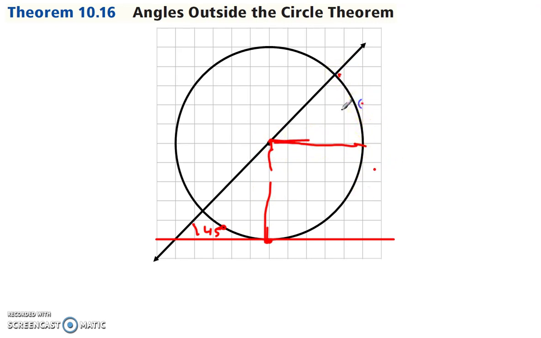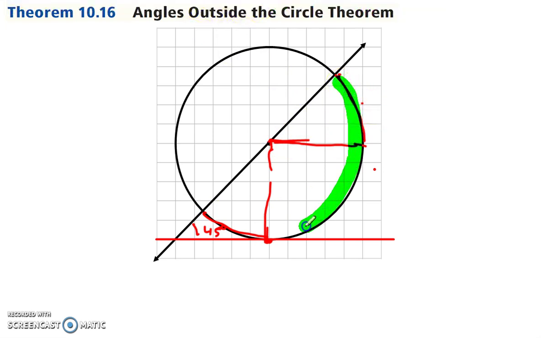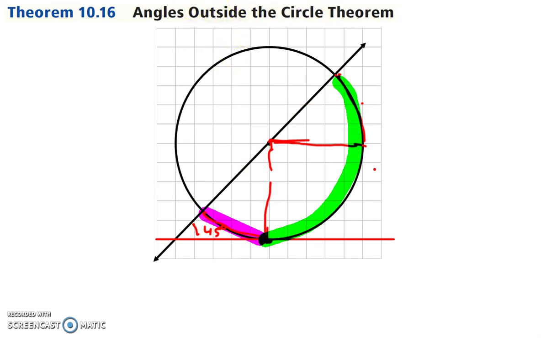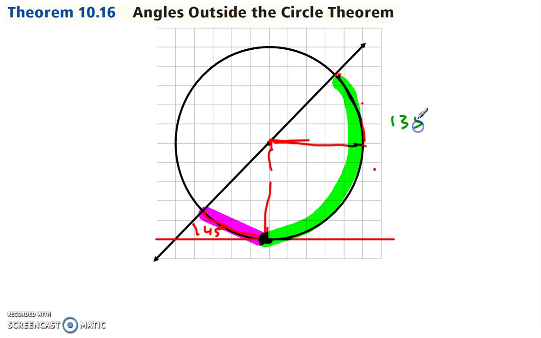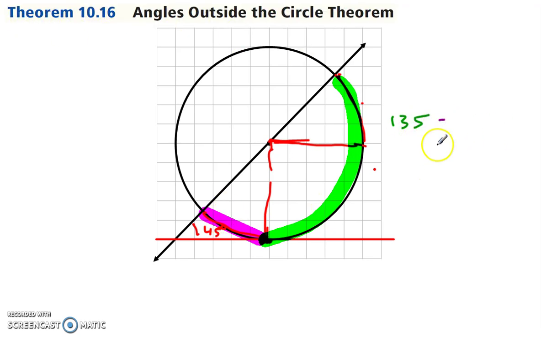So this is 90, that's 45 up here. This arc is 45, and this arc down here is also 45. So if I take this arc and I subtract this one, I end up with 90. So the 135 minus the 45 down here gives me 90.